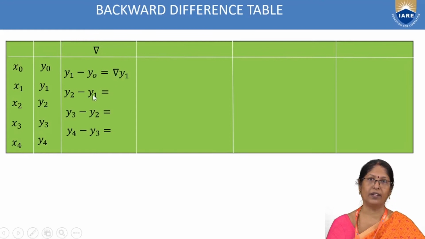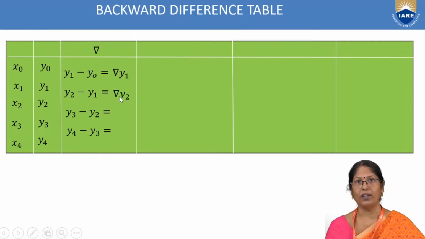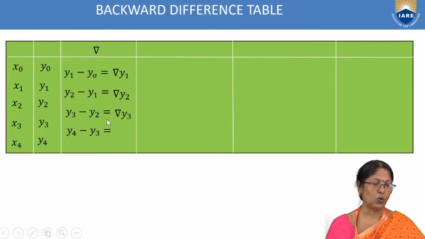The difference y2 minus y1 is named del y2. Next, y3 minus y2 is named del y3. Next, y4 minus y3 is named del y4. We completed the first backward difference.